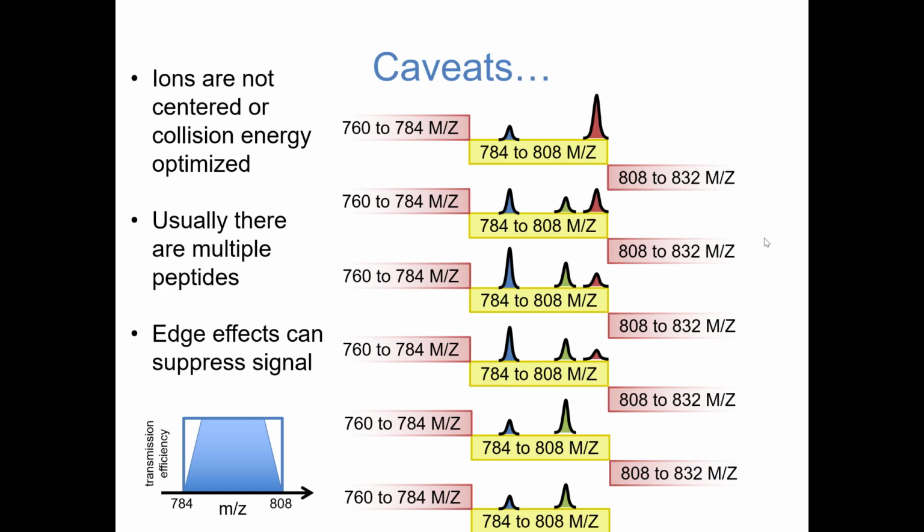So you ended up getting pretty significant edge effects as a result. Rudy's group, because they're focused mostly on tops, doesn't have access to these segmented quads, so they end up having to play lots of tricks to get good transmission of all peptides across this range. We'll talk about some of that tomorrow.